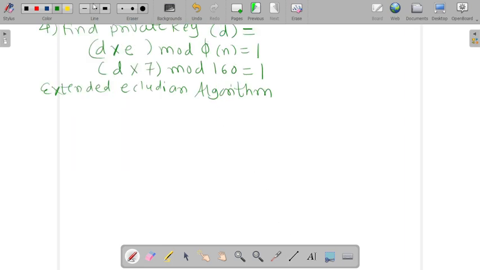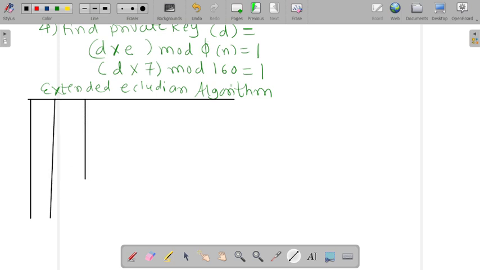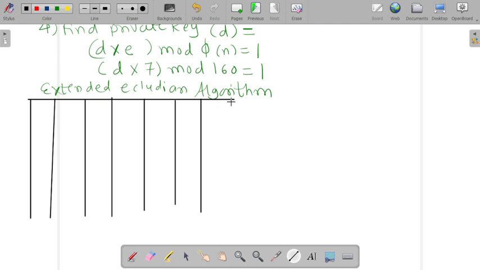So first of all, we need to make a column for this extended Euclidean algorithm. So we require these 7 columns and I'm putting the values here.